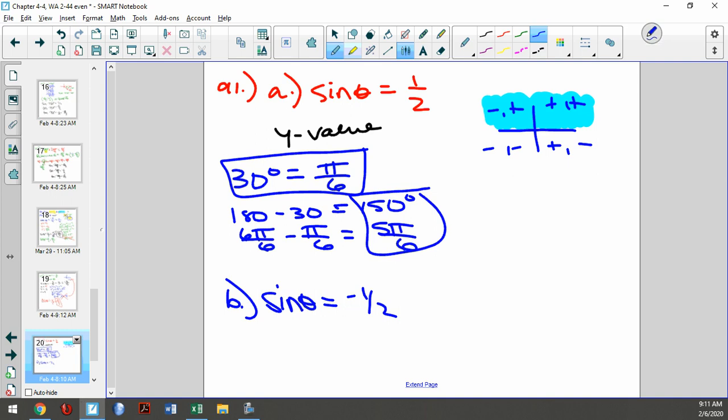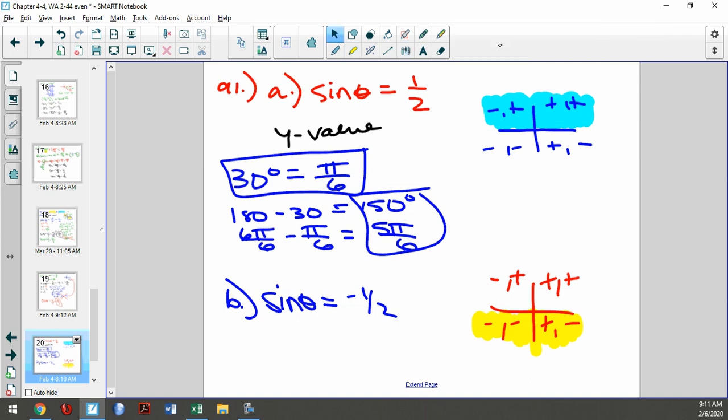Part B. Part B says, well, okay, I don't want it to be positive 1/2. I want to know when I have a negative 1/2. Well, what quadrant am I in when sine is negative? Sine is negative in quadrant 4 and in quadrant 3. Yes?